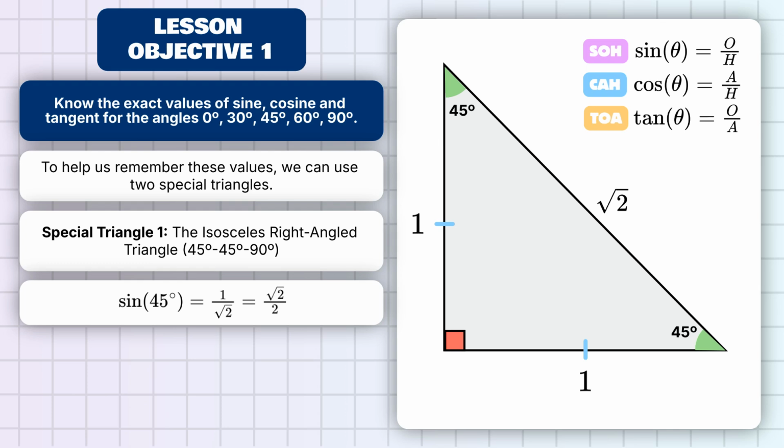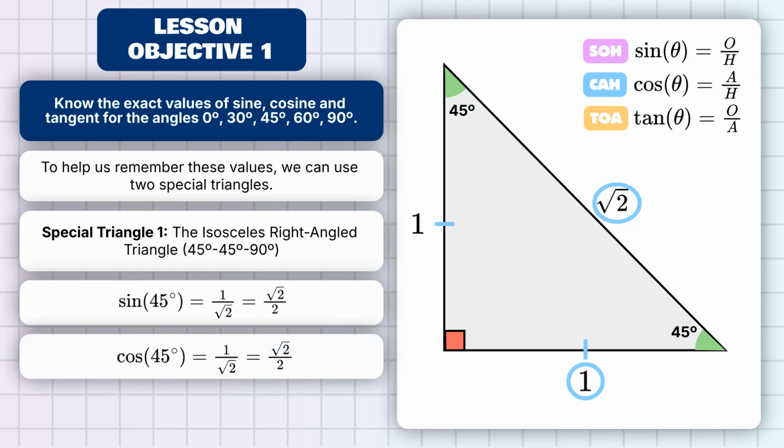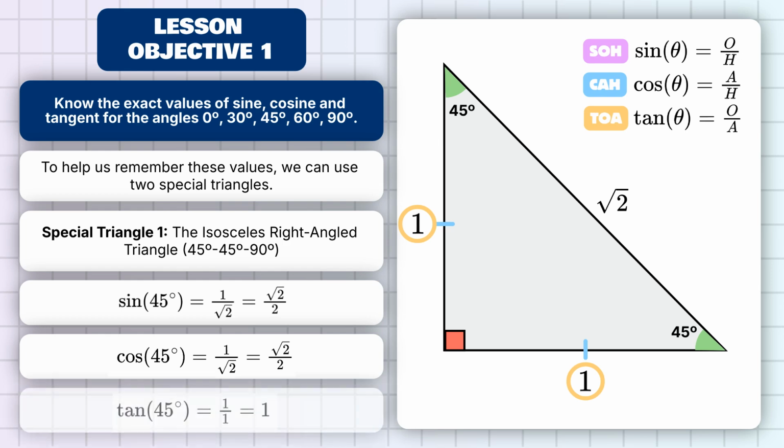We know that cosine equals adjacent over hypotenuse, so we find that cosine of 45 also equals 1 over root 2, which can again be written as root 2 over 2 by rationalizing the denominator. Finally, we know that tan equals opposite over adjacent, so we find that tan of 45 equals 1 over 1, which we can just simplify to 1.